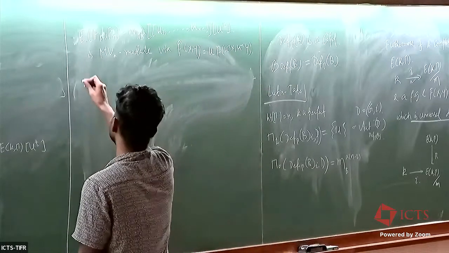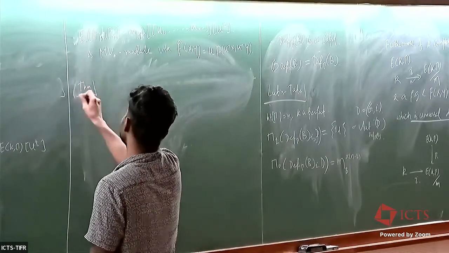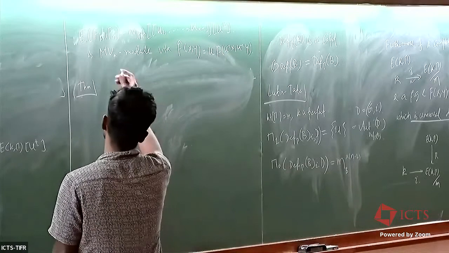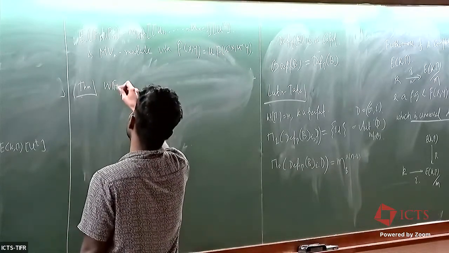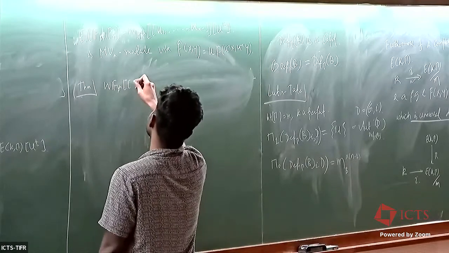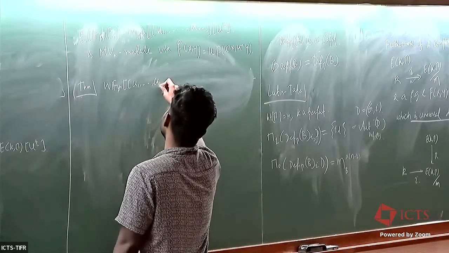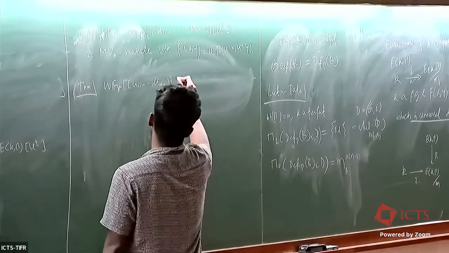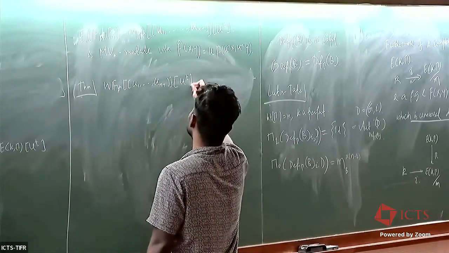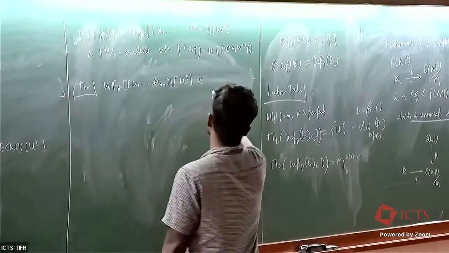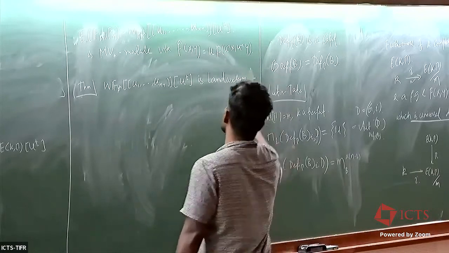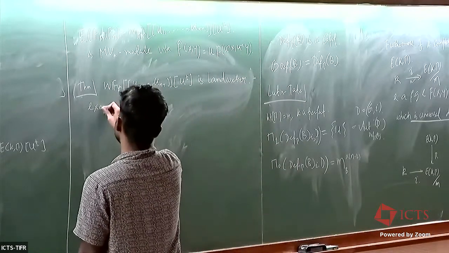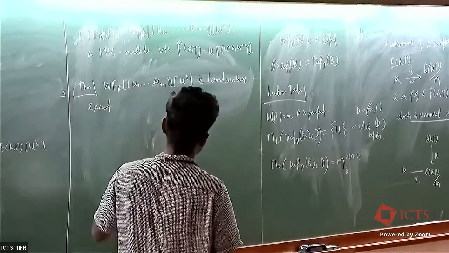And now the theorem is that W(F_{p^n})[[u_1, ..., u_{n-1}]][u^{±1}] is Landweber exact. So this guy is Landweber exact.